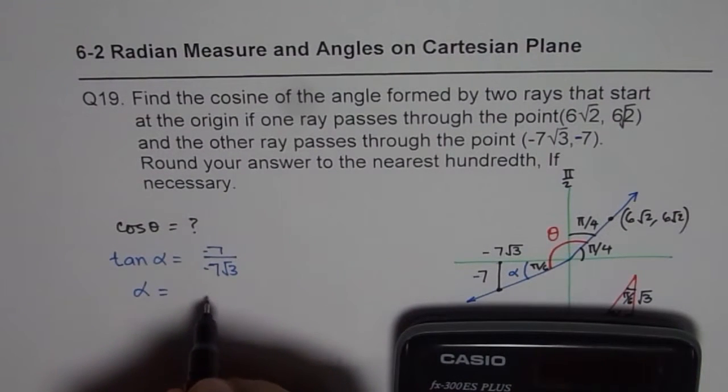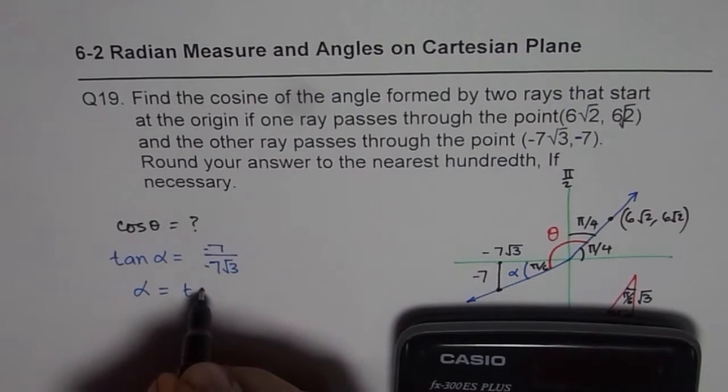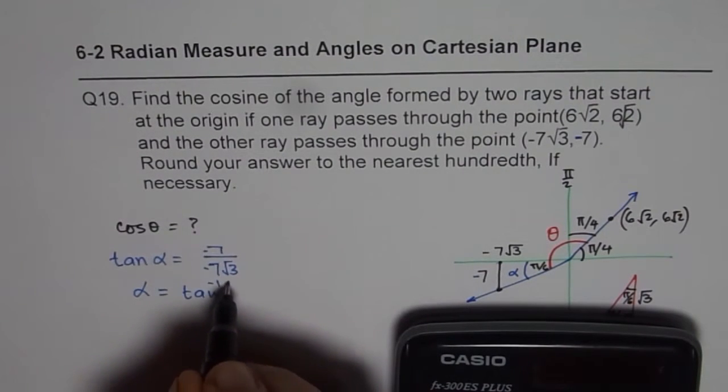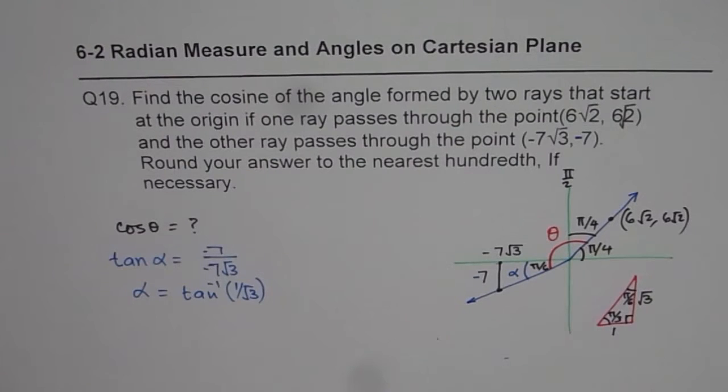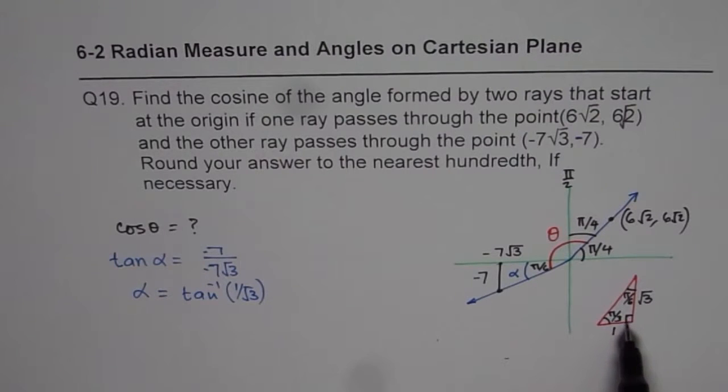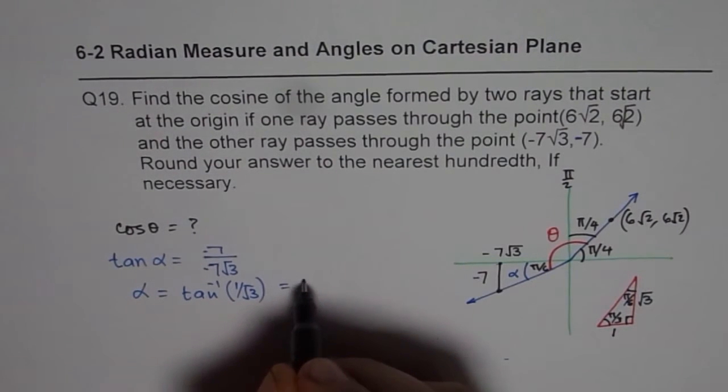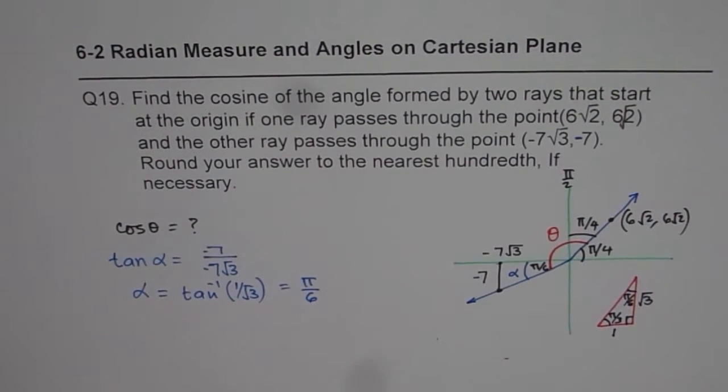Alpha is tan inverse of 1 over square root 3. You can see from the special triangle also that it gives us an angle of pi by 6. So we get alpha as pi by 6.